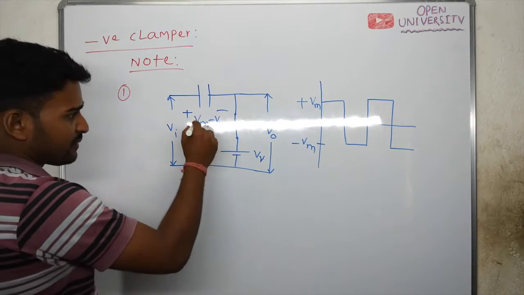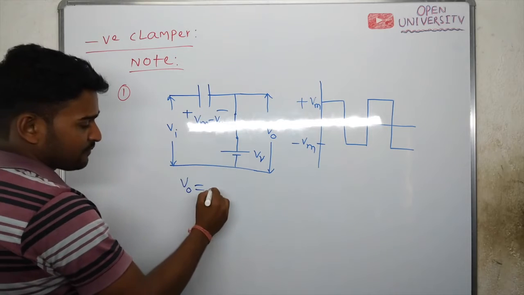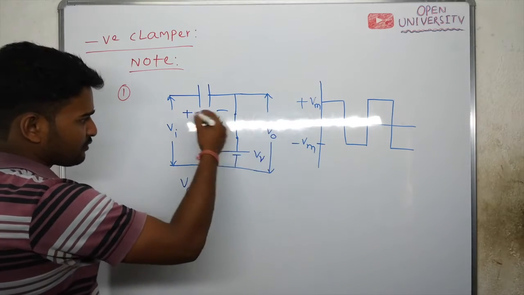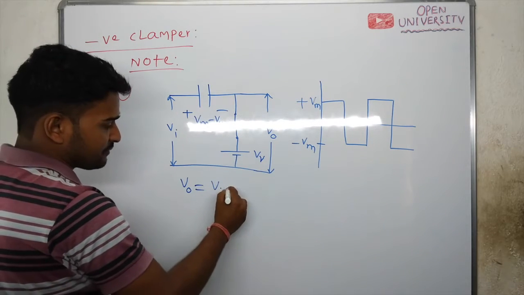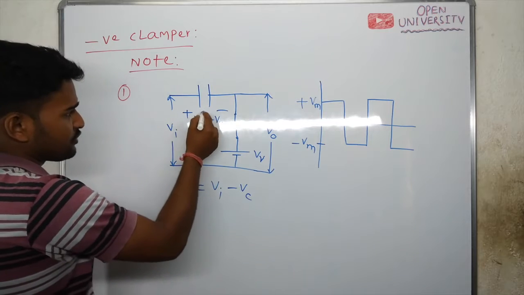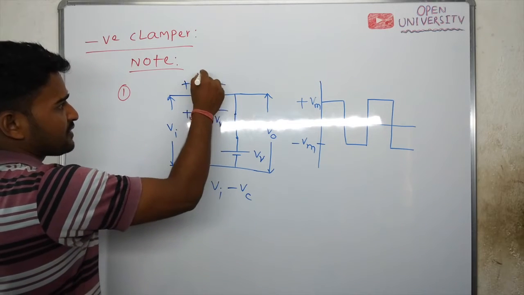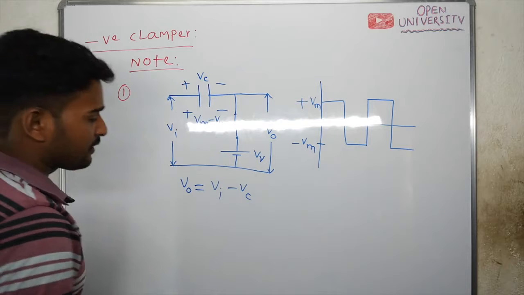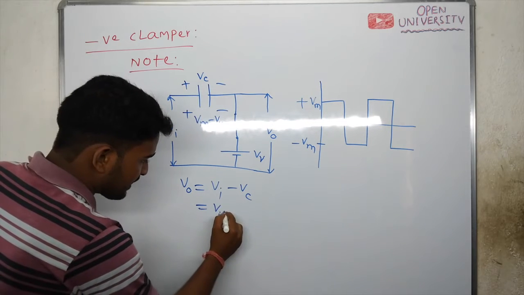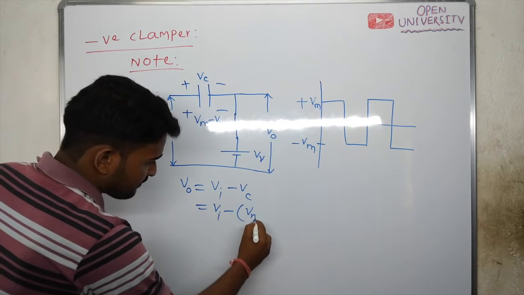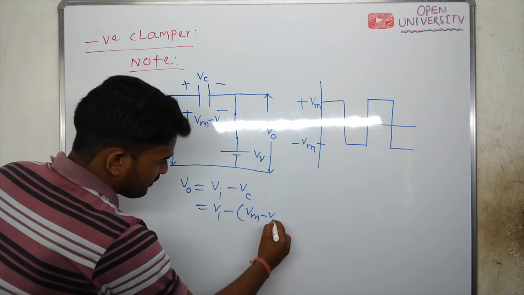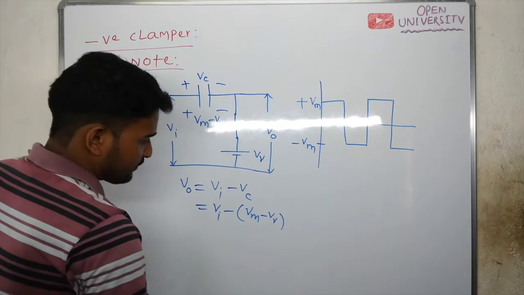So Vc remains fixed at this voltage. The output voltage is Vi minus Vc, which is Vm minus V gamma, the cut-in voltage.